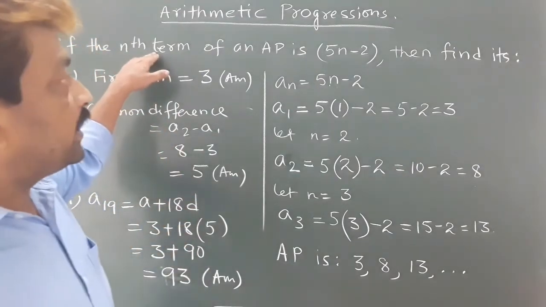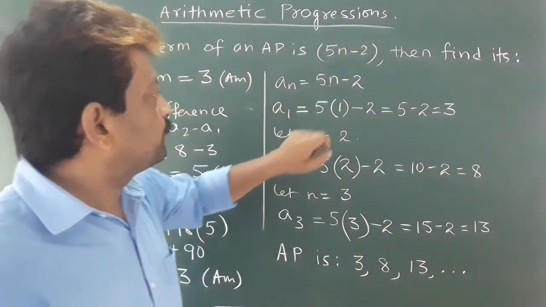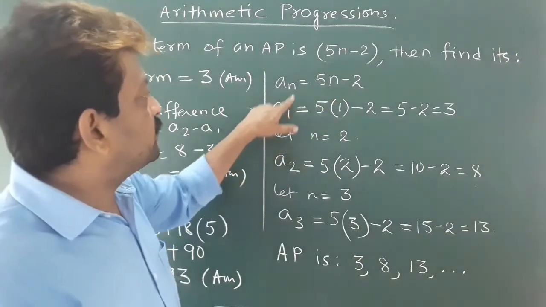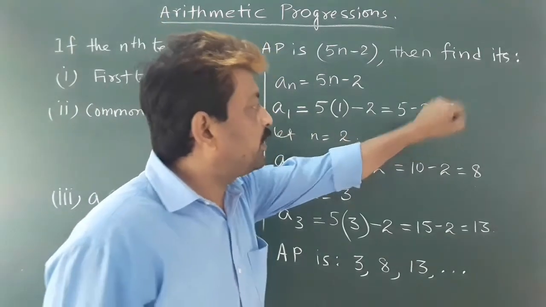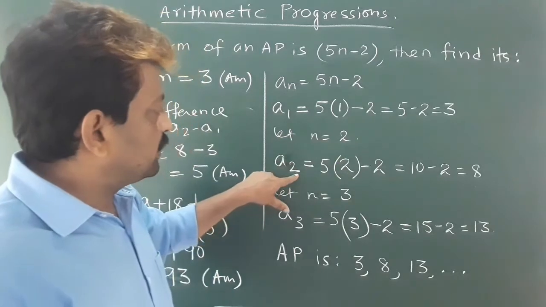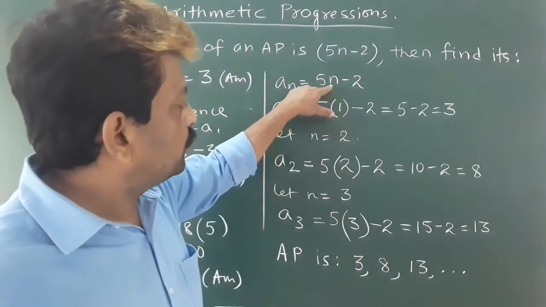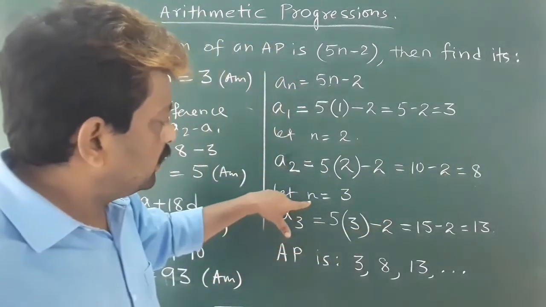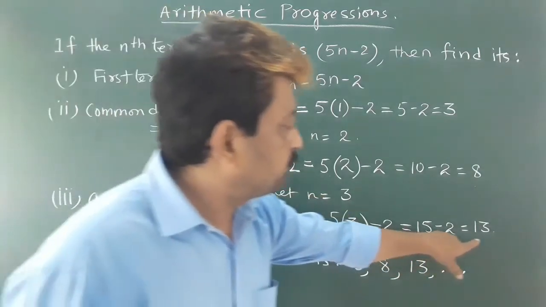So just quickly go through the solution. The nth term was given as 5n minus 2, so it is an equals to 5n minus 2. Then I have taken n as 1, so it becomes a1, that is the first term. After calculation, I have got the first term as 3. Then I have taken n as 2, so it becomes the second term a2, and n is replaced with 2, so I have got a2 as 8. Similarly, n is replaced with 3, so I have got the third term a3 as 13.